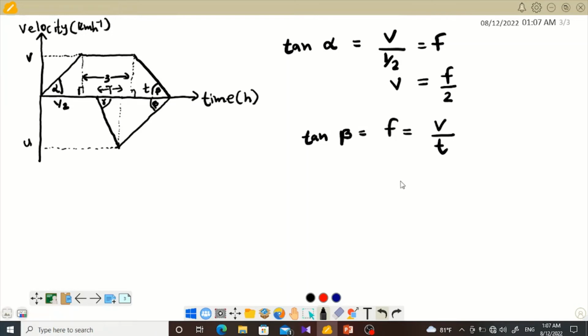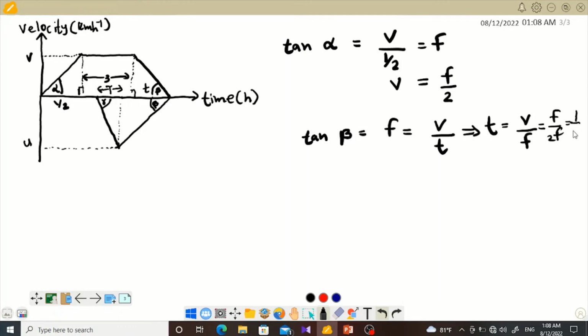So I can find the t value. Subjecting t, t equals v divided by f. We know that v equals f divided by 2. So f divided by 2f, which means half.